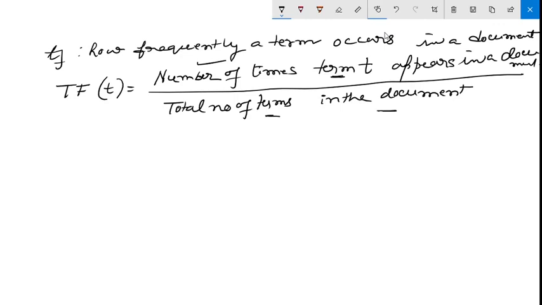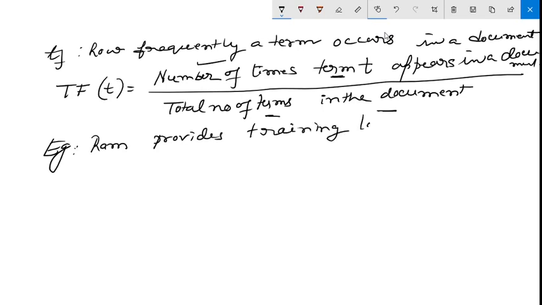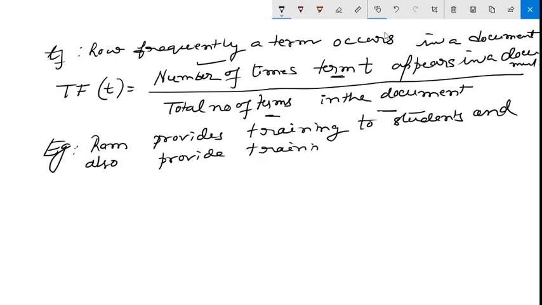For example, let's say: RAM provides training to students and also provides training to working professionals. Okay students, this is the sentence.